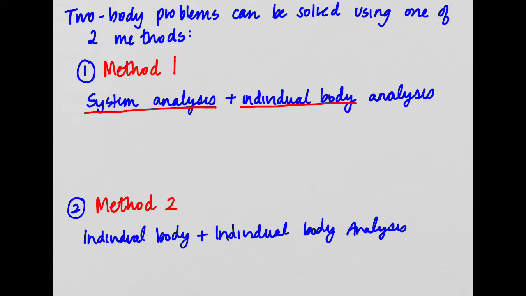Remember, this means system as in system and surroundings, like I taught you a long while ago. It's a system analysis plus an individual body analysis. We're going to talk about what each of those means. Method two is just two individual body analyses. We'll talk about how to use that one in a second.